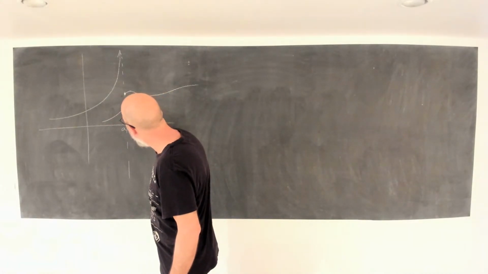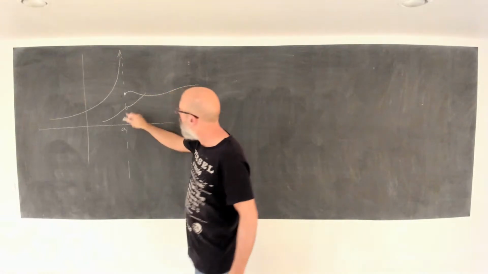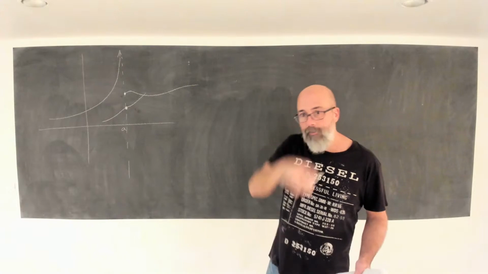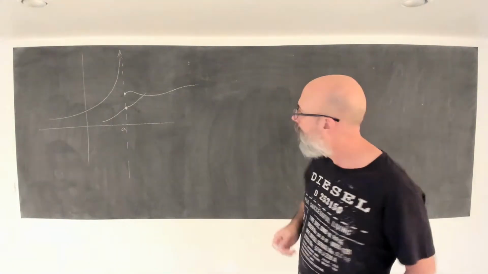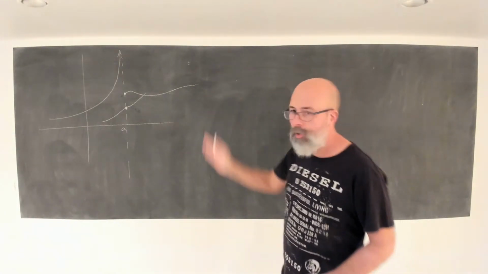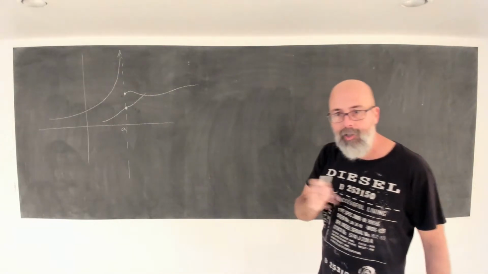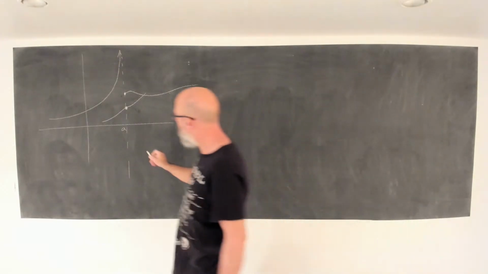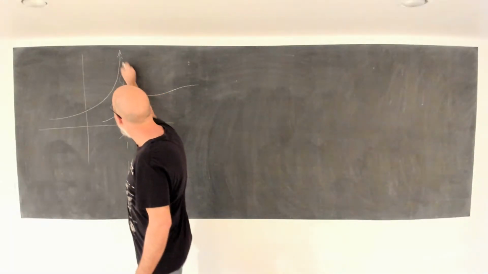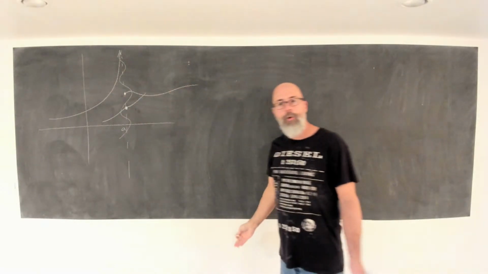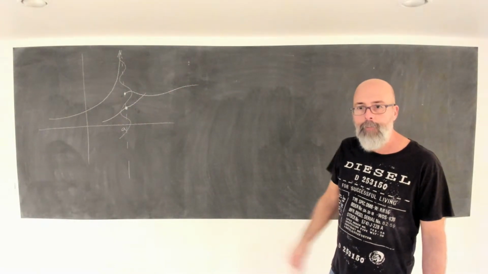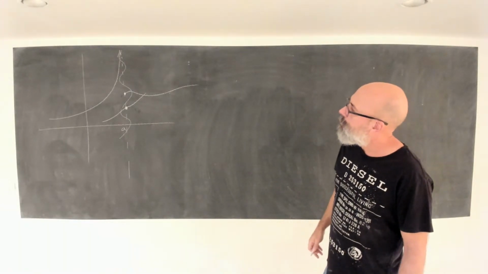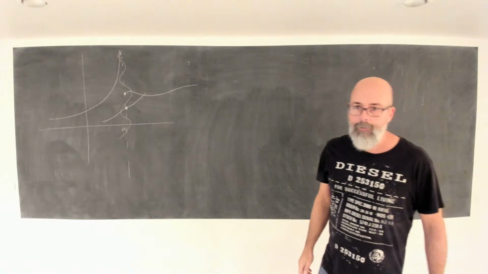You're not going to have something like this or something like this, because by definition of a vertical asymptote, it has to go to infinity or negative infinity on at least one of the sides. And of course, you're not going to have something like this, because that's no longer a function by the vertical line test. So none of that.